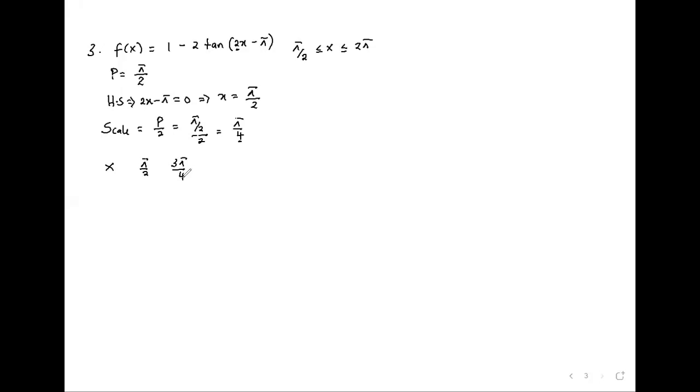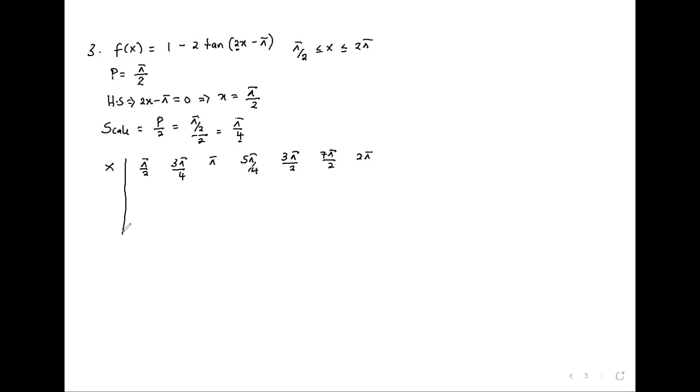And then this will be pi. And then 5 pi over 4. And then 3 pi over 2. And then 7 pi over 4. And then 2 pi.